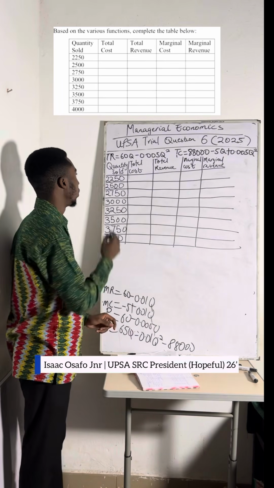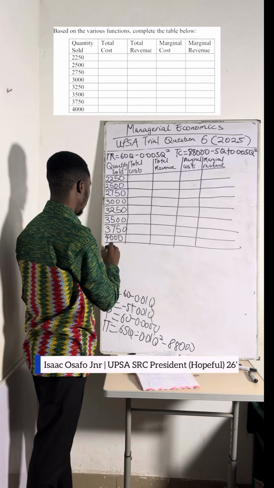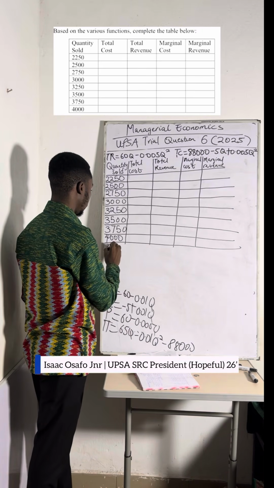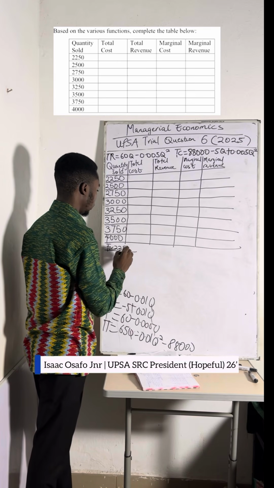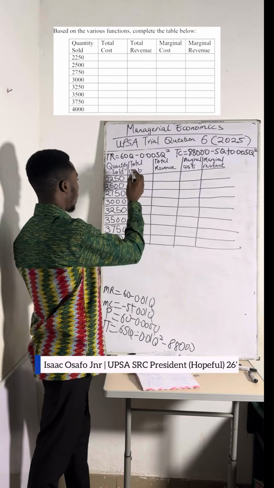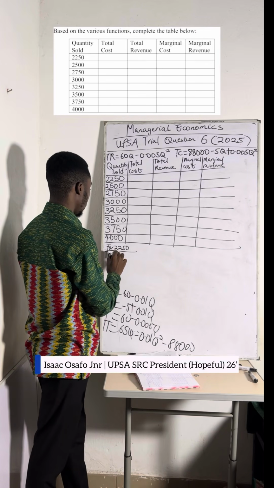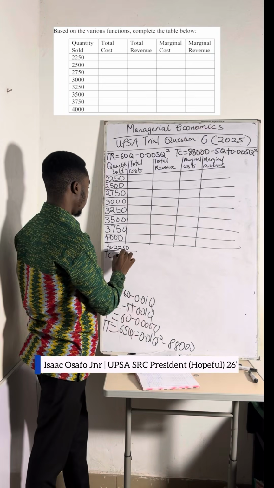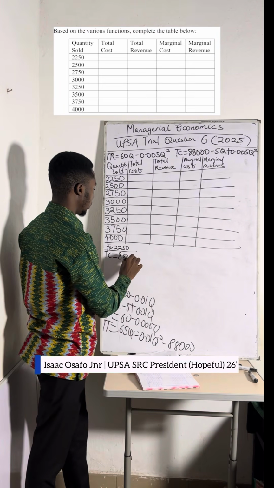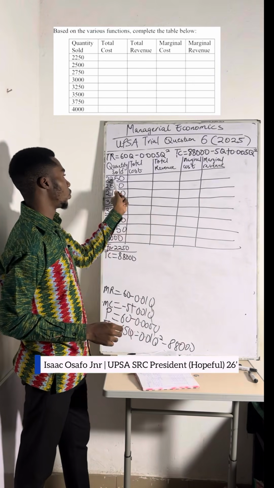So now let's do it for a quantity of 2250. Let's start with the total cost. For the total cost, it was given in the question already. So we have 88,000 minus 5Q plus 0.005Q squared. To make it simple, anywhere you see Q, just put 2250 there.